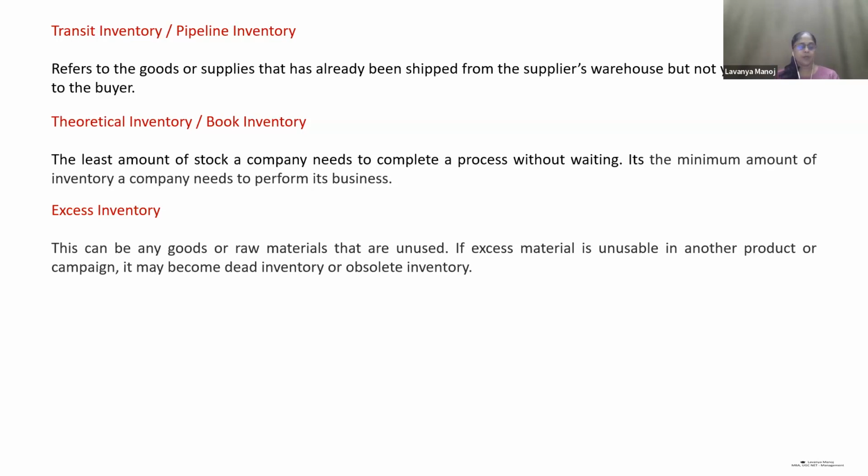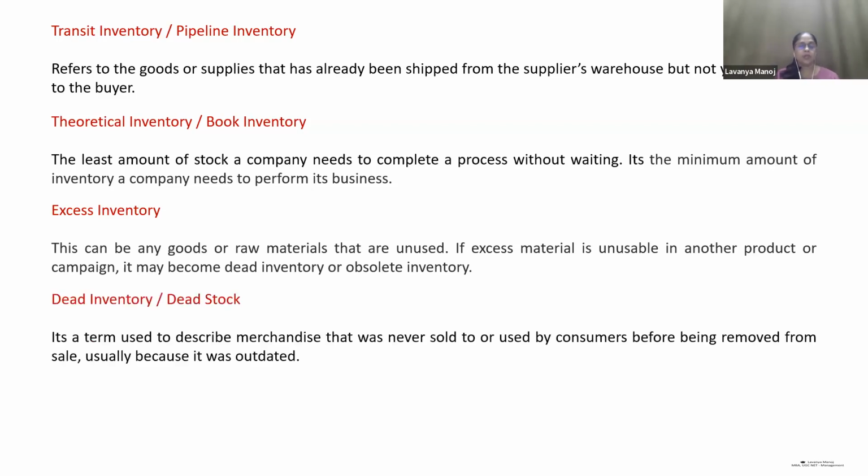Maybe at least 5,000 people demand the product, but the company would have produced 10,000 units. So after the movement of 5,000 units, the remaining 5,000 units remain as dead stock. Dead stock is something which is not demanded by the customer or by the market anymore, because it's outdated or nobody wants it anymore.